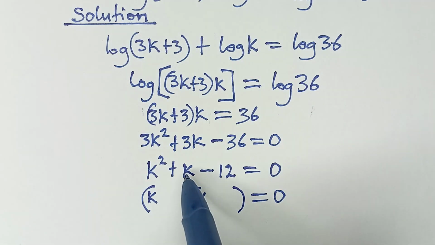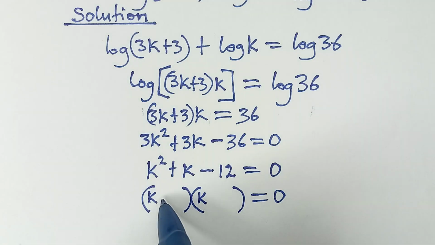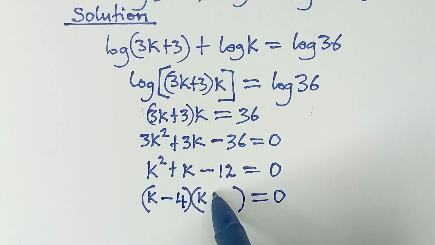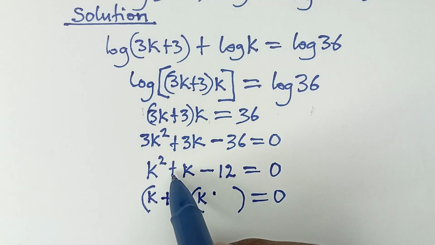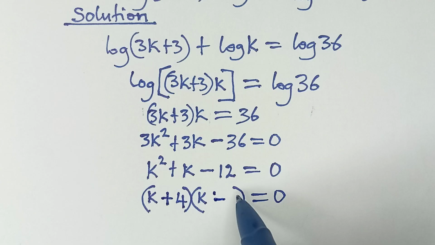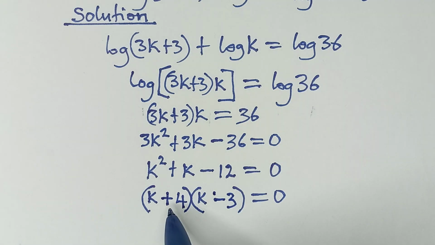Those two numbers, you agree with me, should be positive 4 and negative 3. So positive 4 multiplied by negative 3, we have negative 12. And then positive 4 added to negative 3 will give us positive 1.